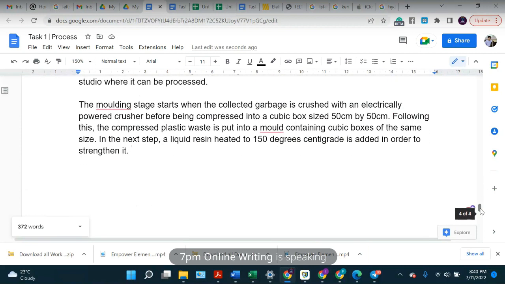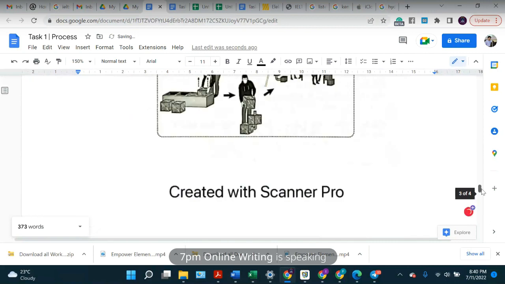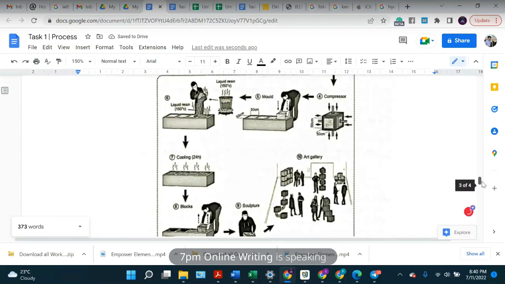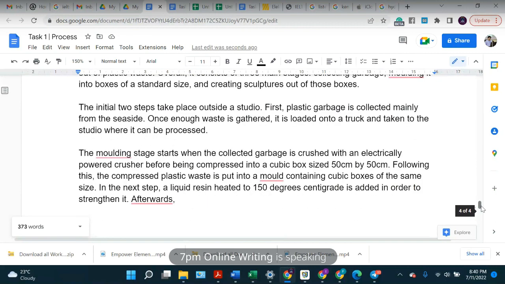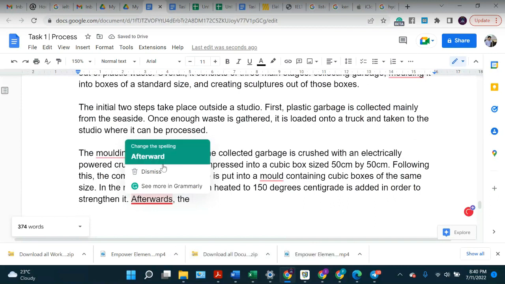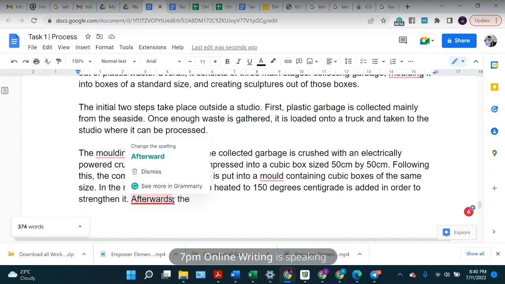Okay, and then we can say afterwards, it's left to be cooled, right? Cooled down for 24 hours. Why don't they like this afterwards?